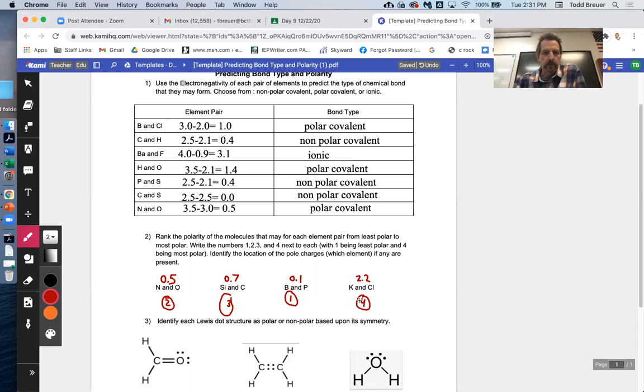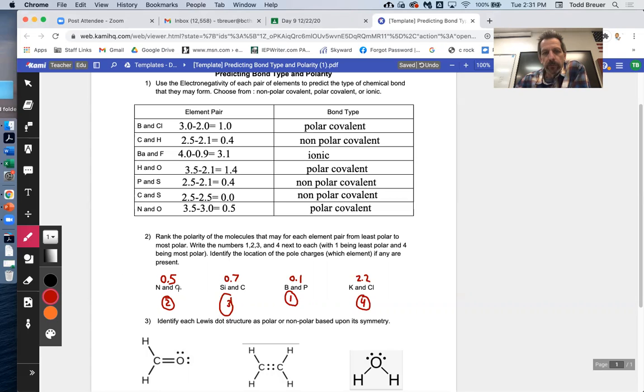Okay, last thing it asks us to do is to identify the location of the poles or the charges along the poles. So there's a partial minus charge for polar covalent bonds and a partial positive charge. The minus charge is always closer to the atom with the higher electronegativity.